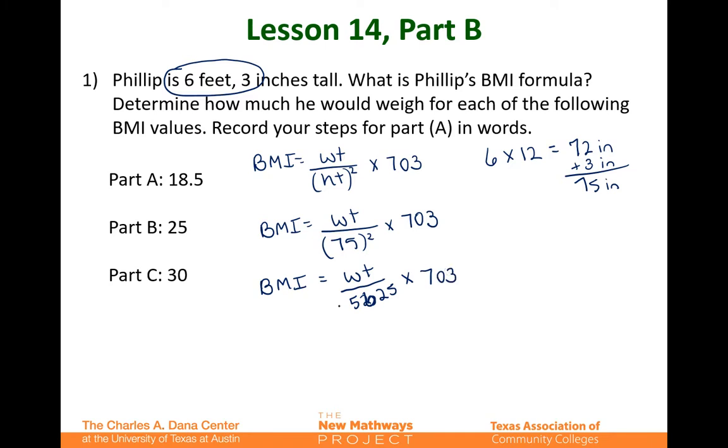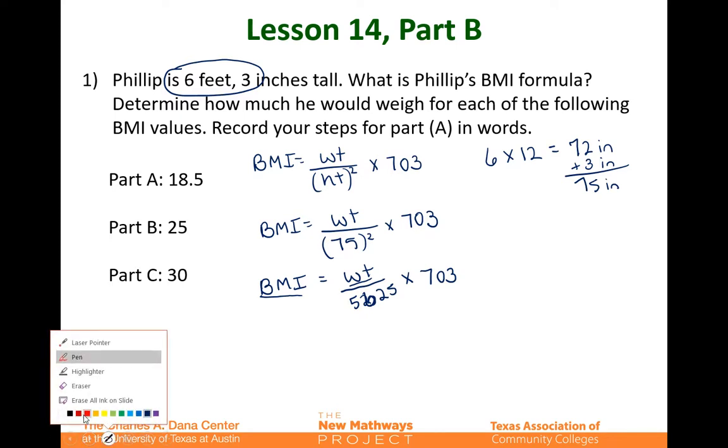All right. We basically have two variables, this one and this one. What if I want a formula that says weight equals? I want to get a formula for weight. I have to undo what's being done over here. So if I want to get rid of this times 703, I need to divide by 703 on both sides. I'm going to do that in red so you can see what I mean.